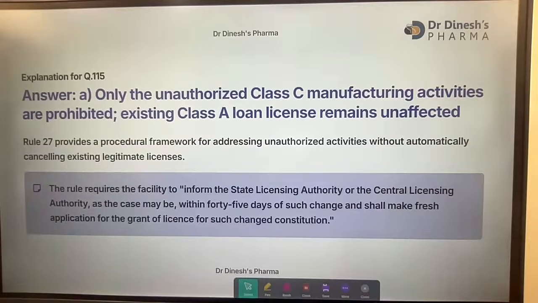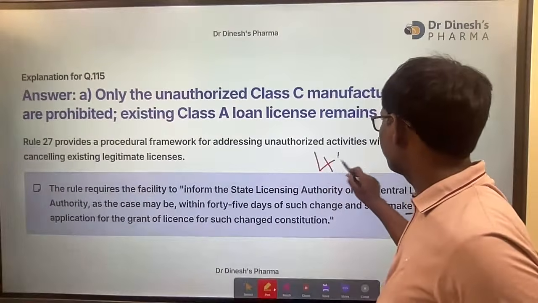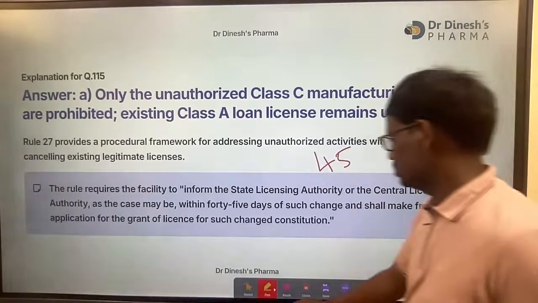The rule requires the facility to inform the state licensing authority or CLA, as the case may be, within 45 days of such change, or make a fresh application for grant of license for such change in constitution.